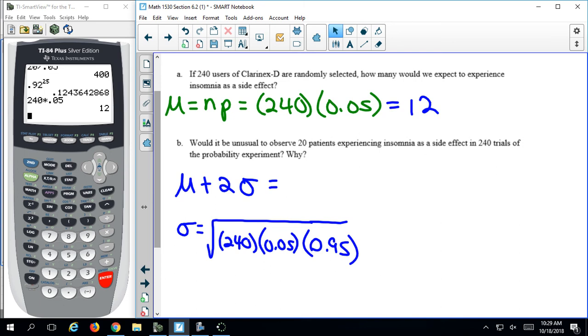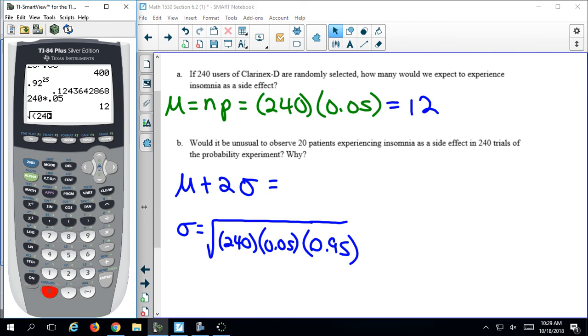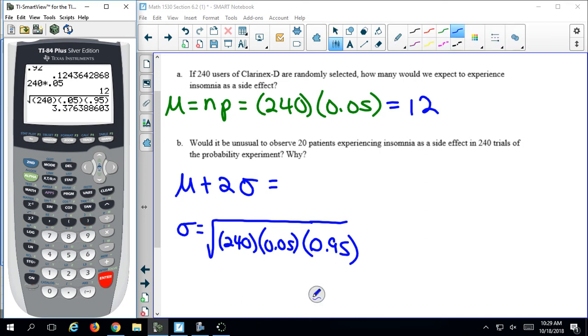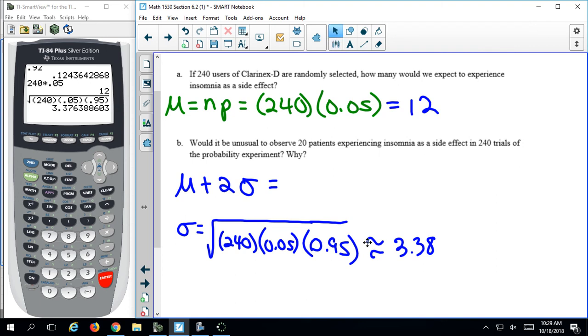So 1 minus 5% would be 95%, 100% minus 5%. So let's do square root 240, 0.05, 0.95. And let's round it. How about 2 decimals? Probably shouldn't round it, but I'm going to round it here. So the standard deviation is 3.38.